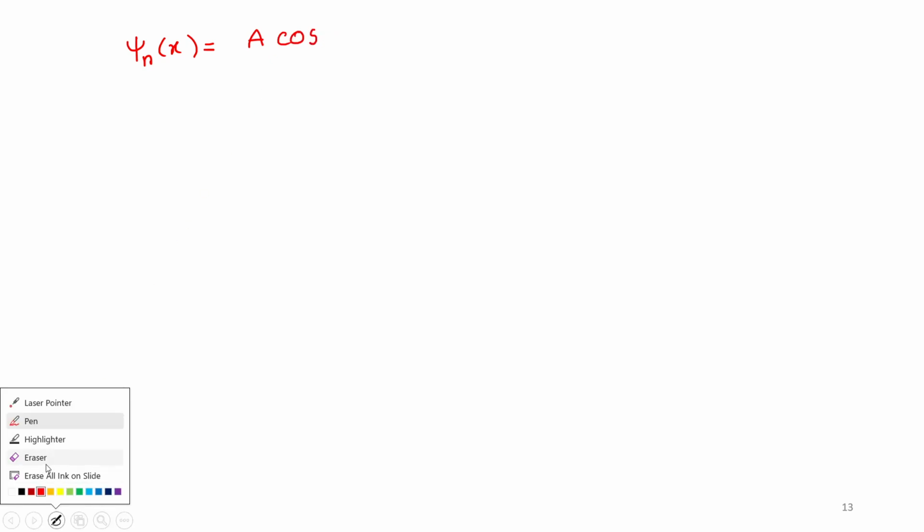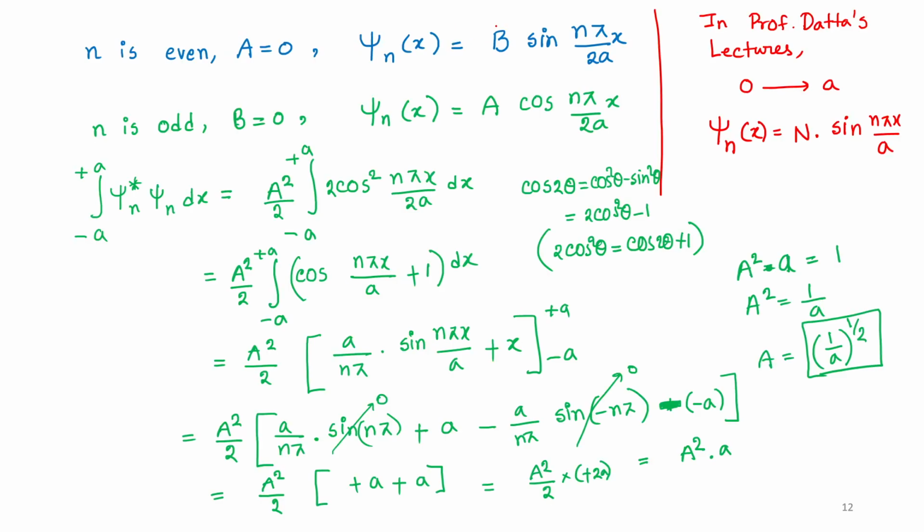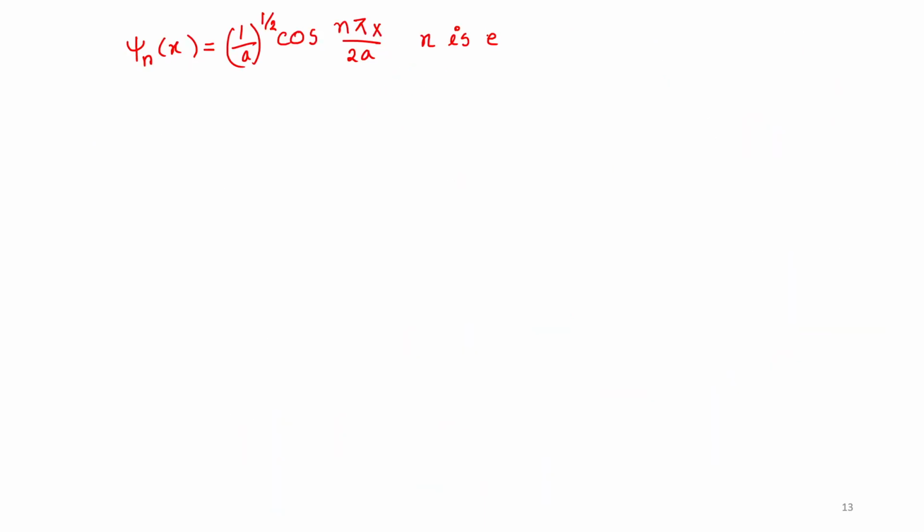What we got is that psi n x is going to be, right now I can write the normalization constant times cos n pi x by 2a when my n is odd, and I can write it as a sine function when n is even.